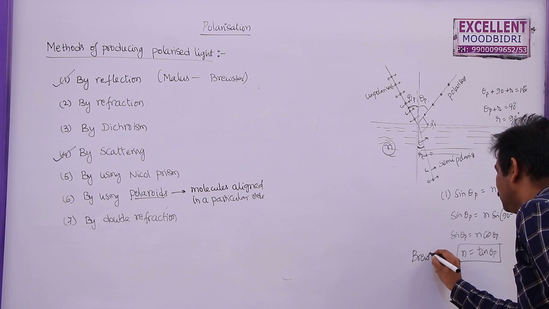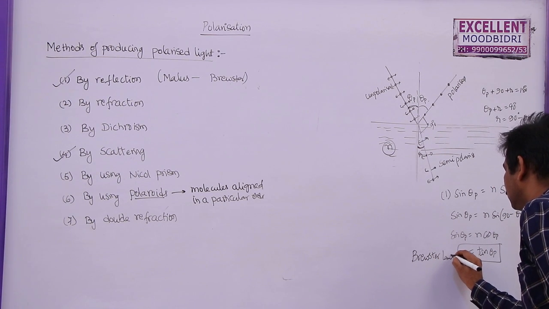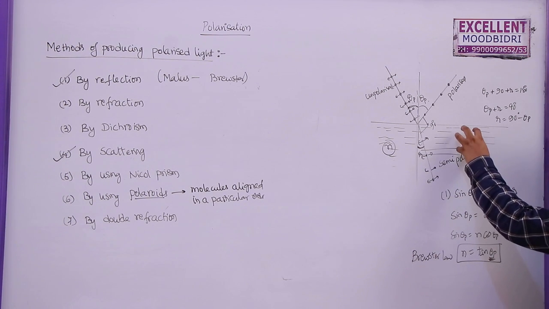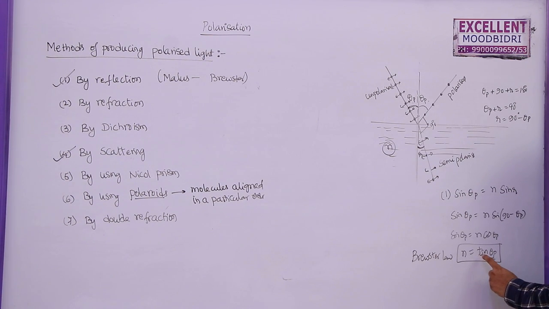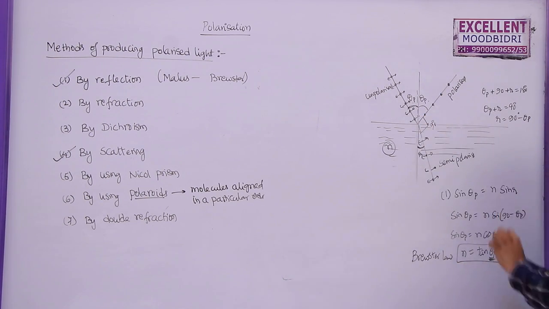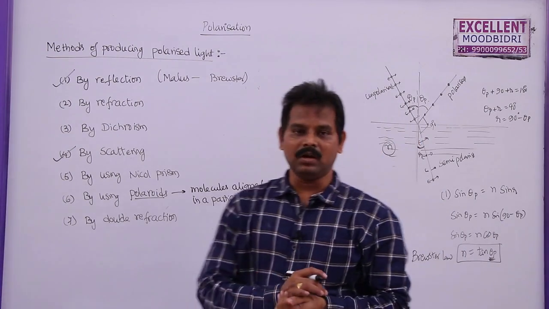So Brewster's law states that this is also called angle of polarization or Brewster's angle, and the statement is called Brewster's law. The refractive index of a medium is equal to the tangent of the angle of polarization if reflected and refracted light rays are mutually perpendicular to each other. So this is called Brewster's law.